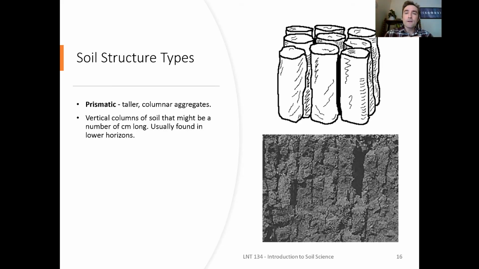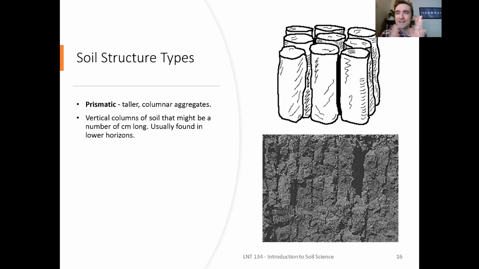You can also have vertical columns, or in this case, prisms. You end up with, because of the mineral content of your soil, general patterns on how they get arranged. And you can get columnar, tall aggregates that can be prismatic in shape.